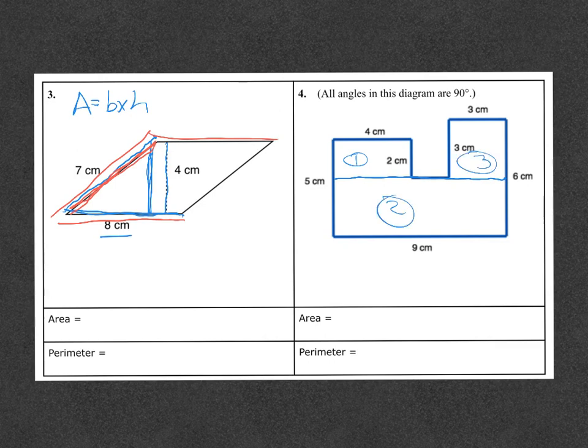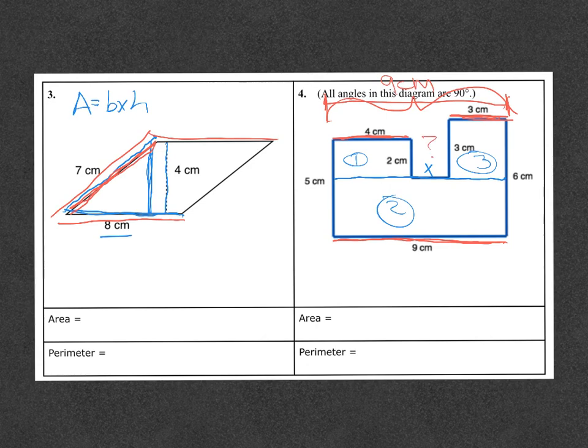Now, you notice that here there is no dimension. So how do you find that? Well, what we have is we have our base right there. We've got that side, which is 9 centimeters. And we know this is 4 centimeters and this is 3 centimeters. But this all together is 9 centimeters. So if this whole dimension is 9, and you know 4 and you know 3, which is 7, what's left?